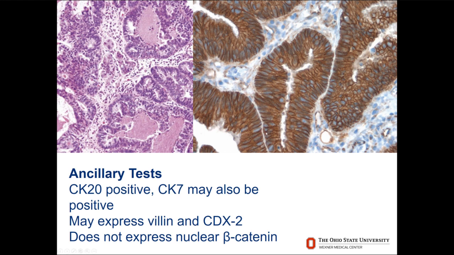For testing, you can do immunostains, but oftentimes they overlap with adenocarcinomas. These tumors, adenocarcinomas, can be CK7 positive. They may also be CK20 positive. They may express villin, just like colon adenocarcinomas, and CDX2. Some of the studies that have been done so far show that these tumors do not express nuclear beta-catenin.